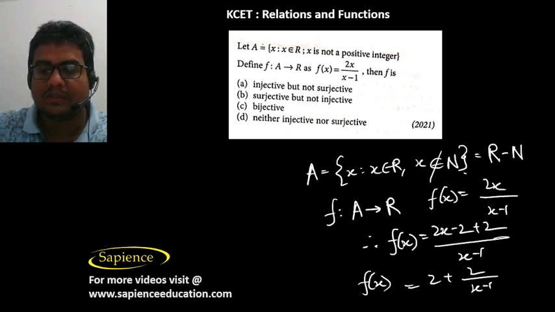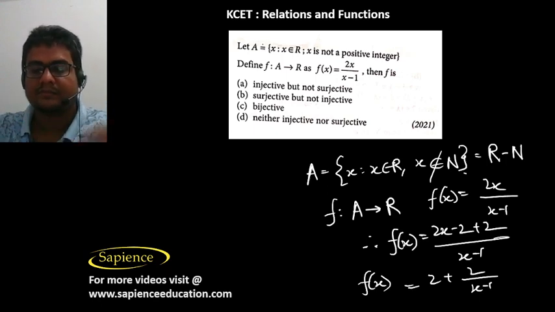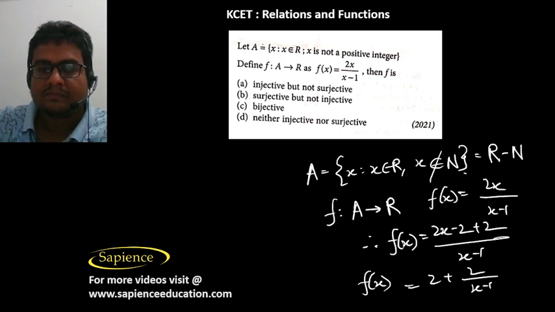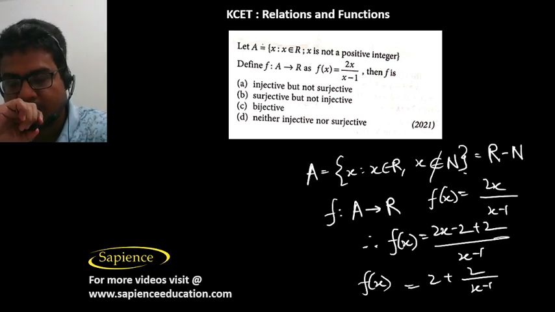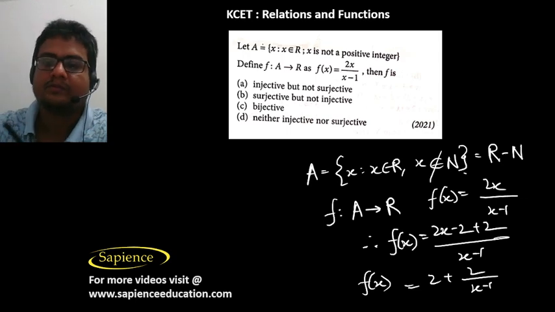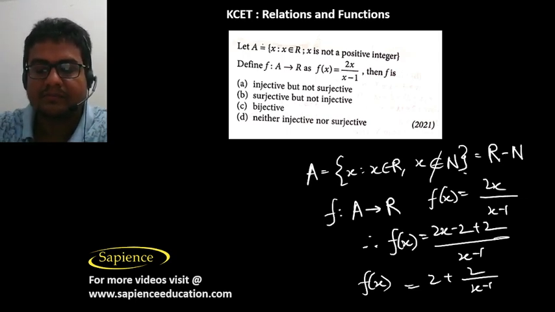All real numbers except natural numbers we can take. So it means that some values will not come.